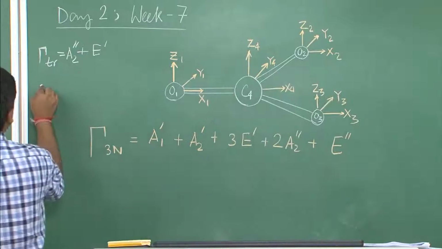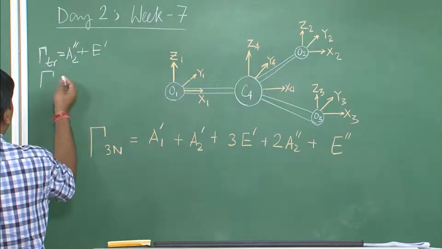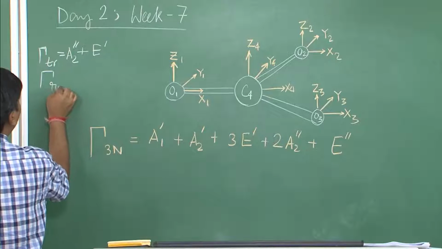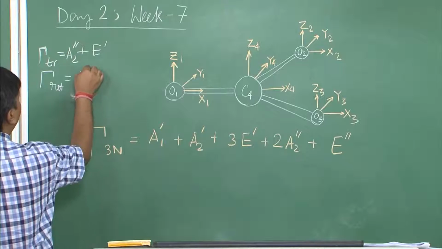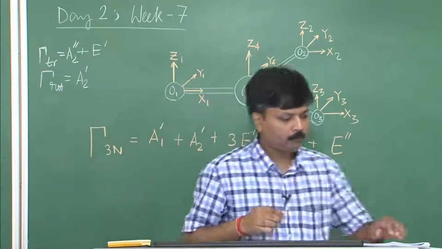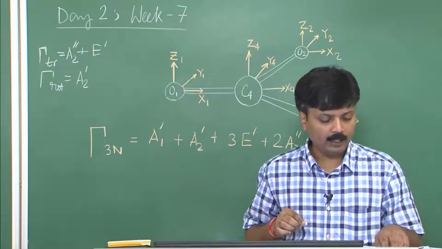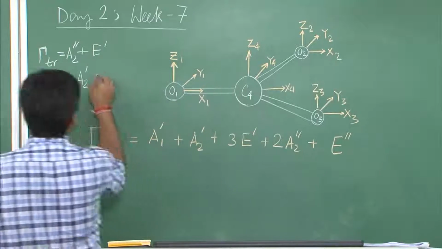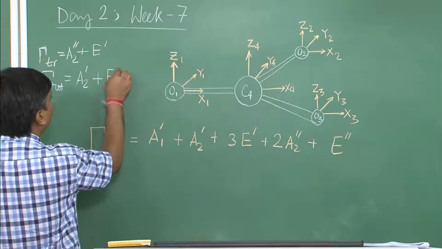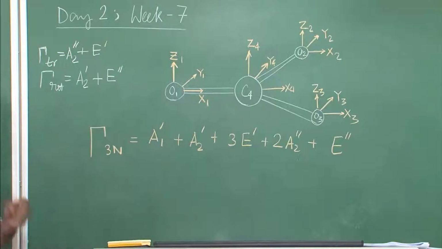So, if I write gamma rotation to be A2 prime, and Rx and Ry transform together as the basis of E double prime. Therefore, how many rotational degrees of freedom are there? 3.